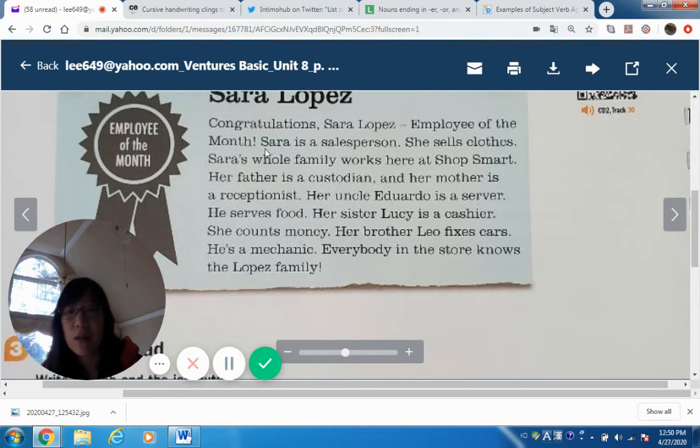Now, Sarah, it's a proper noun, you have to capitalize. Sarah, also she. Beginning of the first sentence, capitalize. Sarah, proper noun, you have to capitalize. Here, ShopSmart, again, capitalize because it's the name of the store. It's a proper noun. That's the rule. You have to capitalize it.